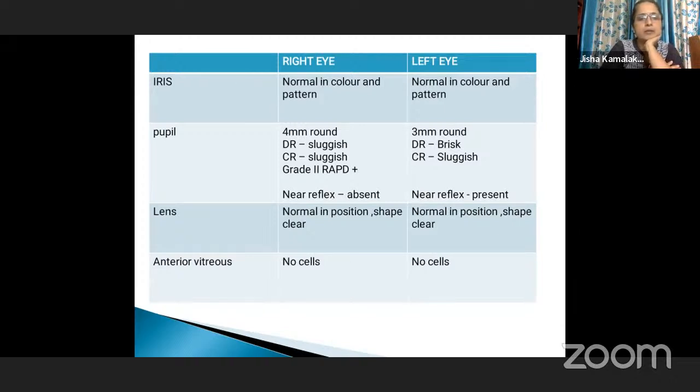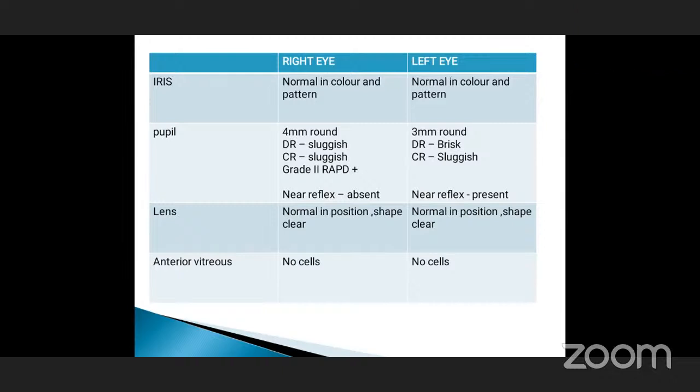Okay. Do you think the pupillary examination findings can all be explained by the optic nerve or retinal involvement alone? No, there is a mild anisocoria, so there may be some internal ophthalmoplegia.